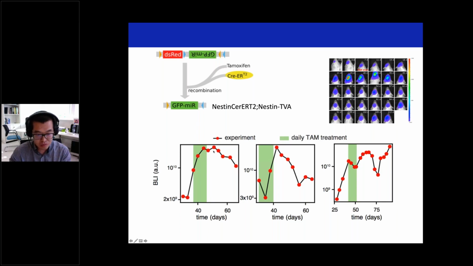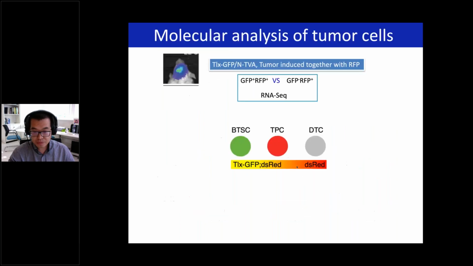But in the long term, it looks like these cells cannot sustain themselves. They are known to be progenitors that cannot self-renew, and in the long term, you will see the tumor signal drop. This is a very different pattern from the temozolomide treatment. And again, it suggests that it's really essential to target cancer stem cells.